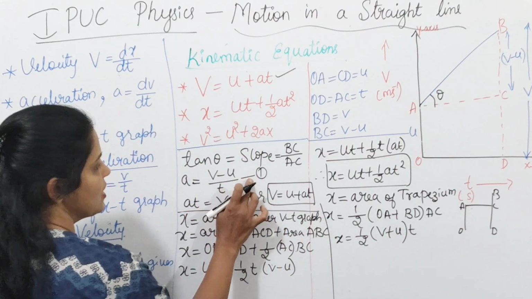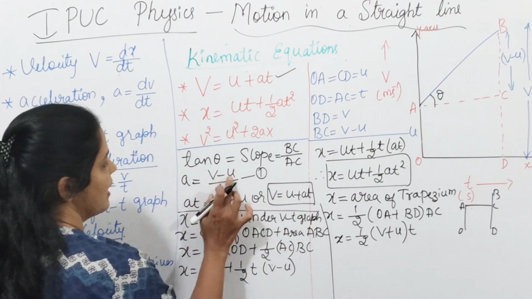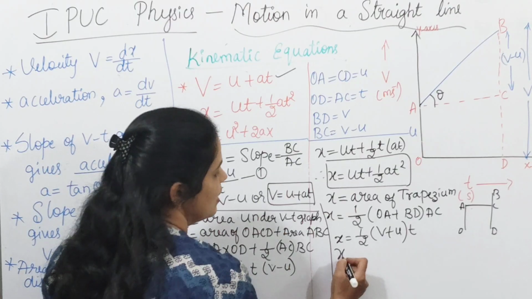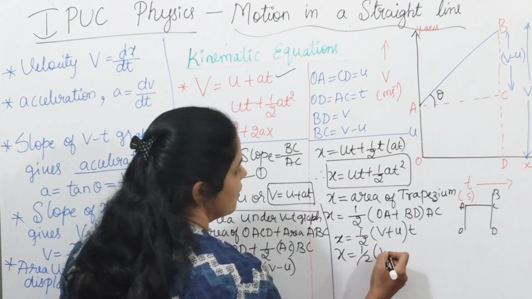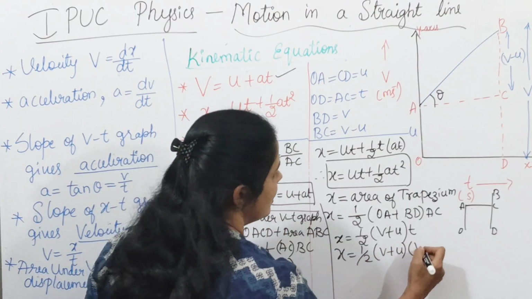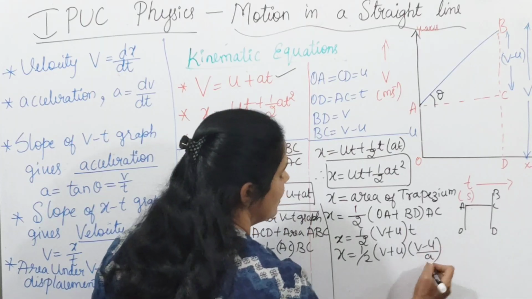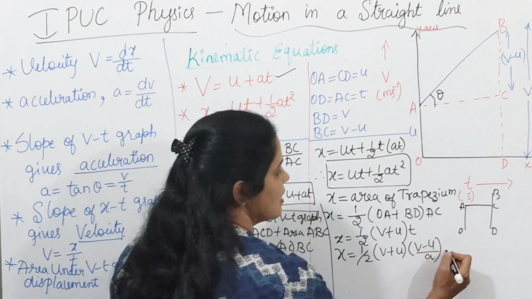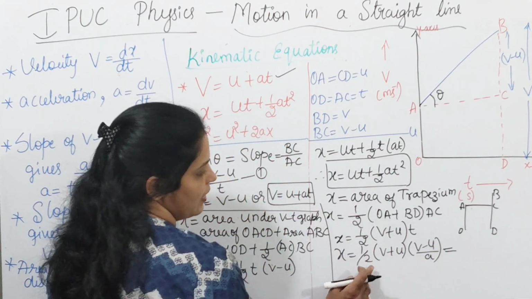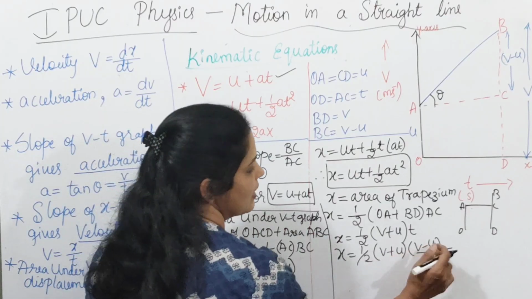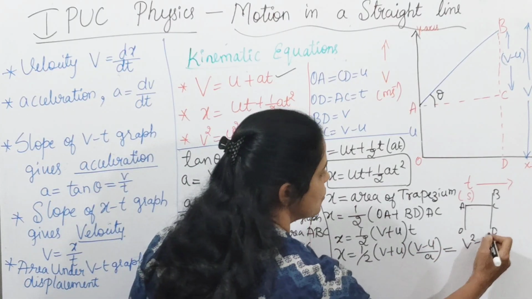From equation 1 you can write T as V minus U by A. Now let us simplify it further.